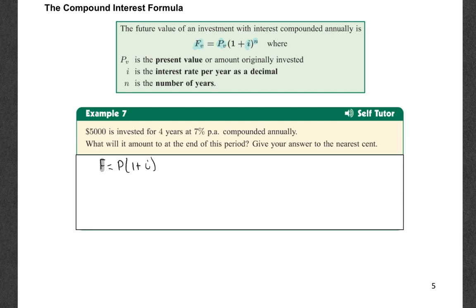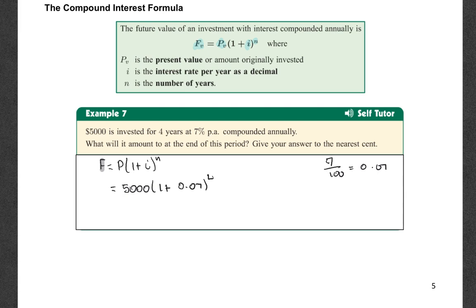So 1 plus i to the n. Now, 7 over 100 equals 0.07 if you're not sure.